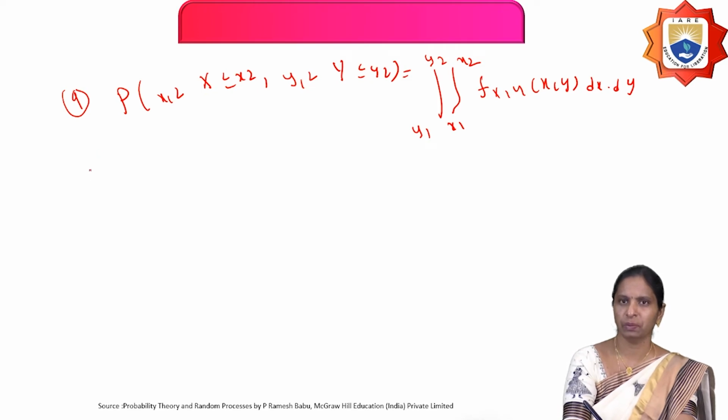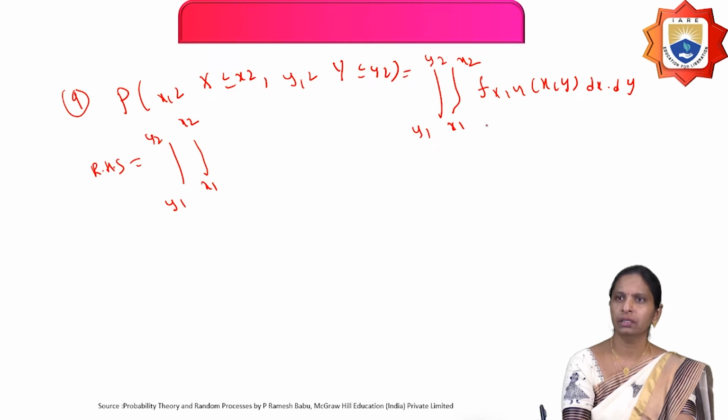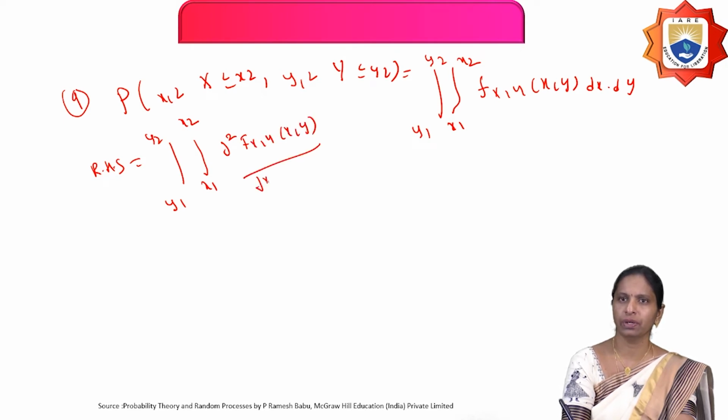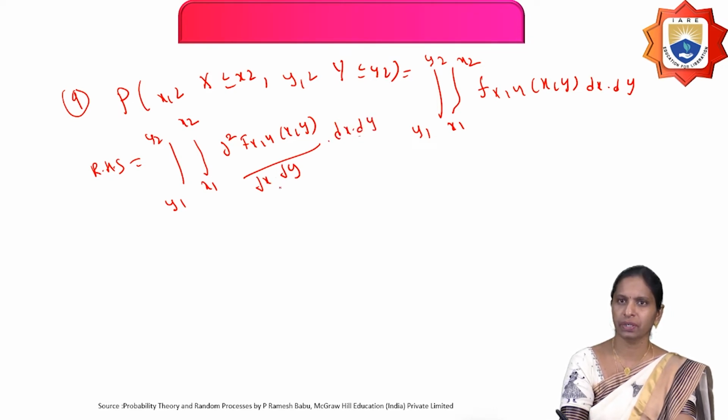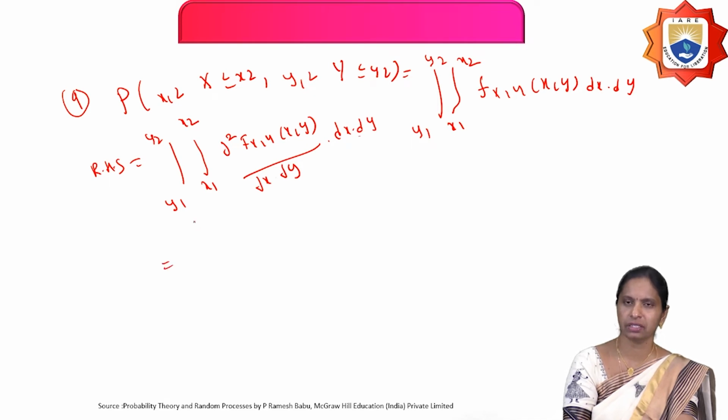Now let us prove this property. First take the RHS side. So integration from y1 to y2 and integration from x1 to x2 of the joint density function, which is nothing but the second order derivative of the distribution function, dou x into dou y, into dx into dy. So the integration with respect to x and y and the differential with respect to x and y both get cancelled.